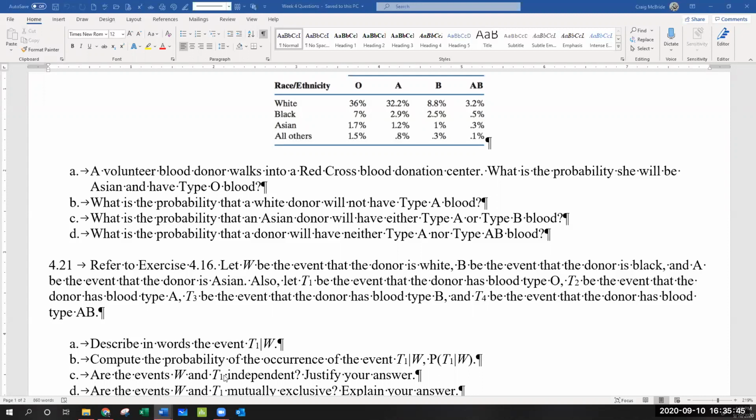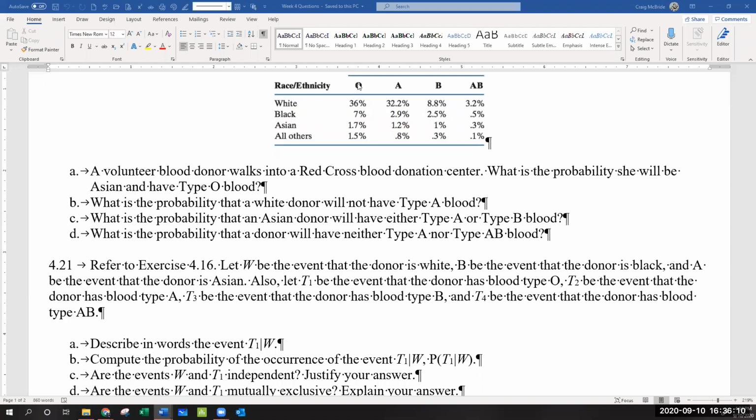So mathematically, you would have to calculate the probability of them having type O blood, given that they're white, which we just did in part B, and it comes out to right around 45%. And then you would have to calculate just the probability of a random person having type O blood.